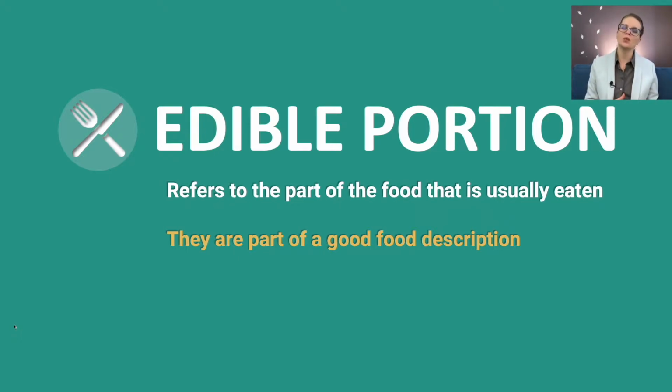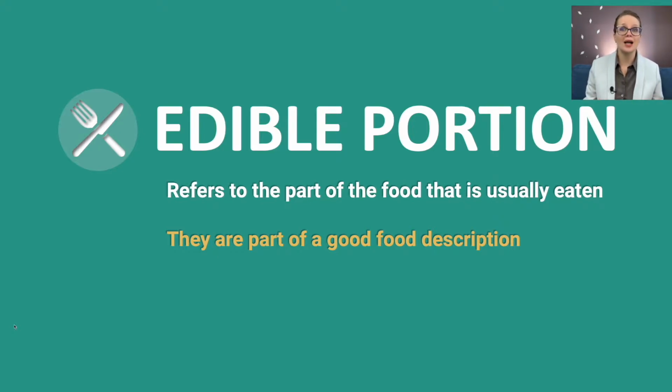Especially when we are using, for example, data from household budget and consumption surveys, we have the amount of the food as purchased, as it is available in the supermarket. So it includes the inedible part. So it is extremely important that we remove the inedible parts from our amounts before converting the amount of food into the nutrient intake estimations.